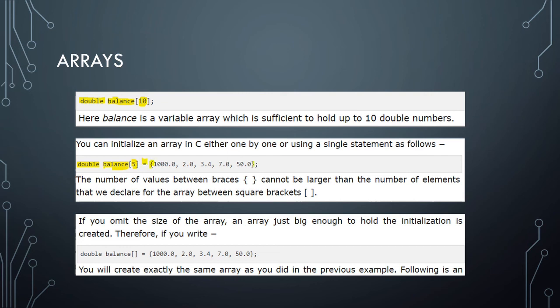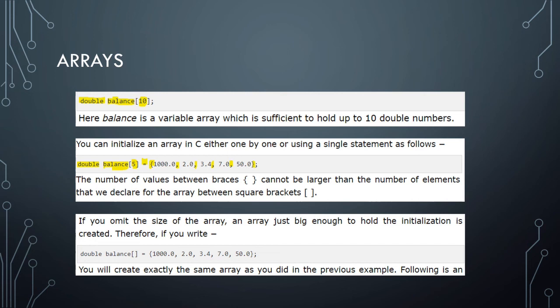So one at the beginning, one at the end, and then you can plug in your variables and then you just separate them with a comma. So you can see our first variable is 1000.0, a comma, second variable is 2.0, comma, and so on and so on. So you can see each variable is separated by a comma. There are 5 variables all contained within those braces.